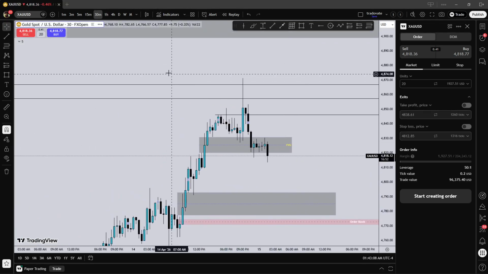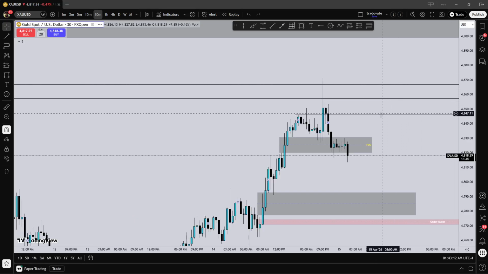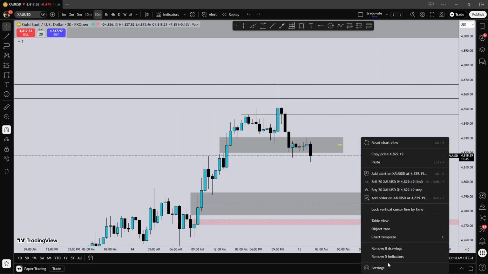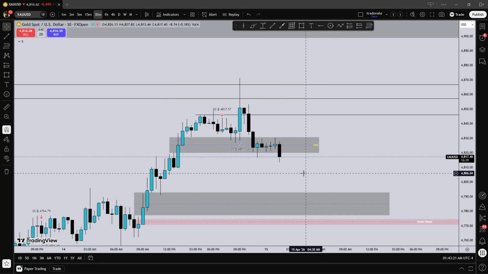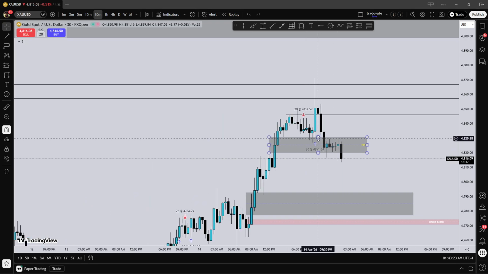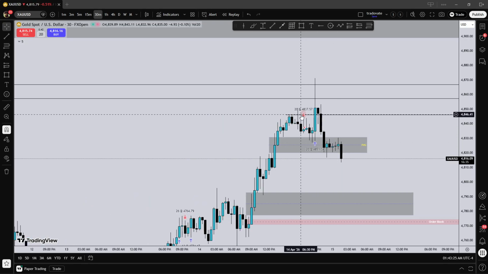All right, so let me pull up the trade that I took for tonight. Only took one trade, took a sell.